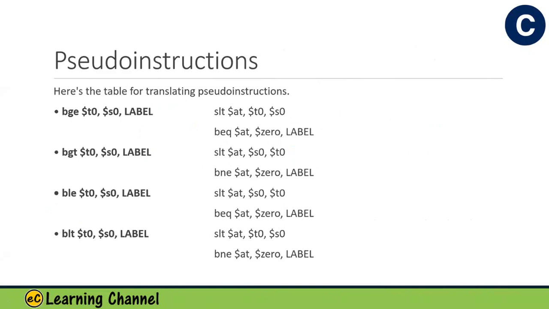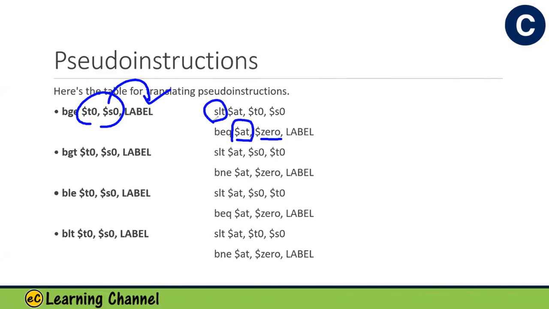Now, on the left hand side is a pseudo instruction. If these two are equal, I'll branch to the location here, I'll jump to the location. Right here, I'm trying to compare 0 and the AT value, and this one is subtract.